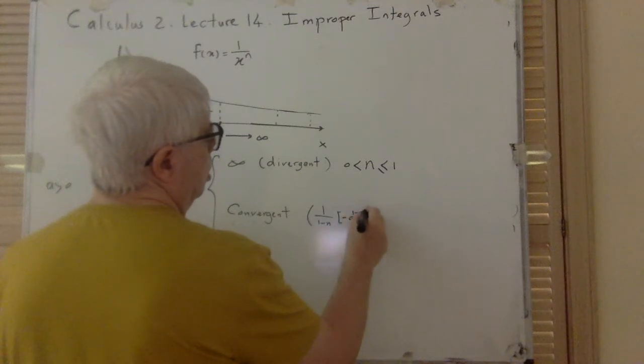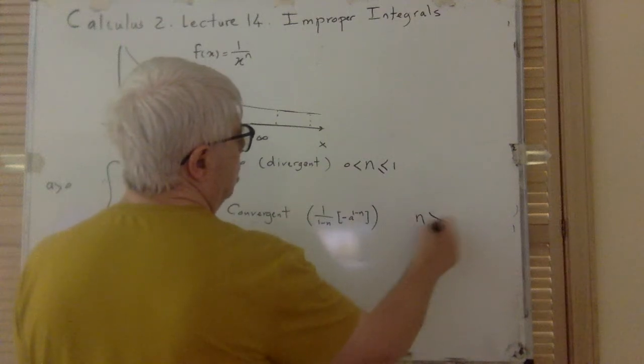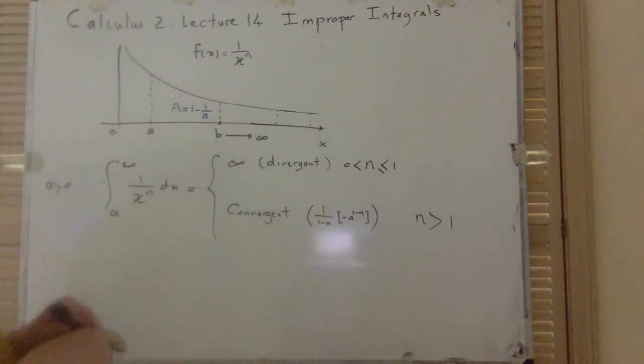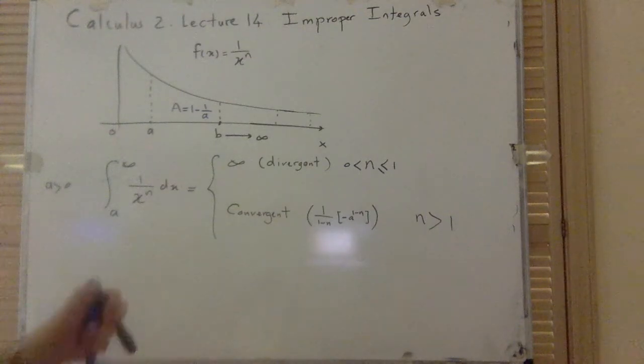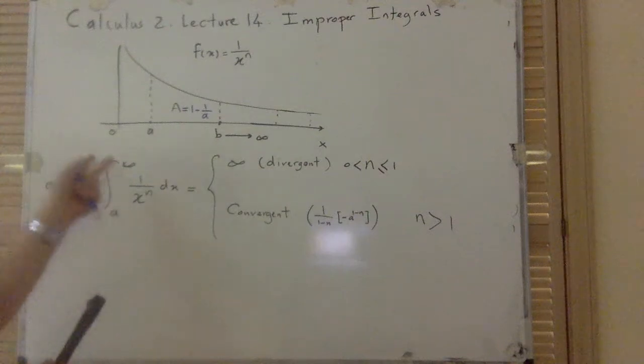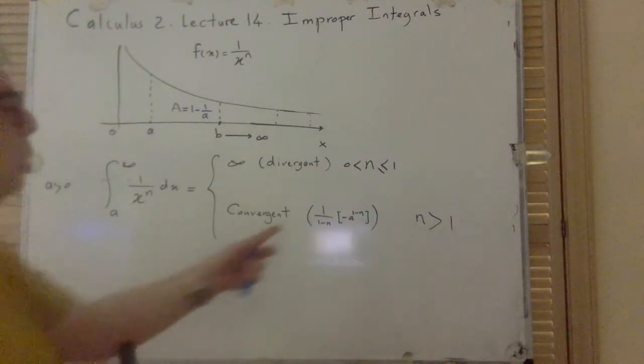I guess so, when n is bigger than 1. So it's convergent. In fact, for us, the convergence is more important than what it is, because if I give you this from, say, 5 to infinity, you can find it without even looking at this formula.